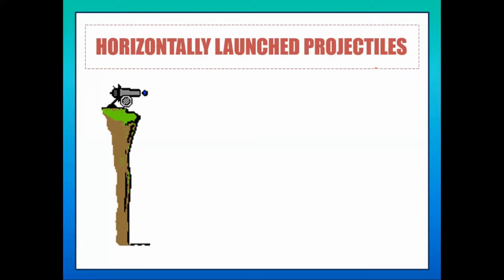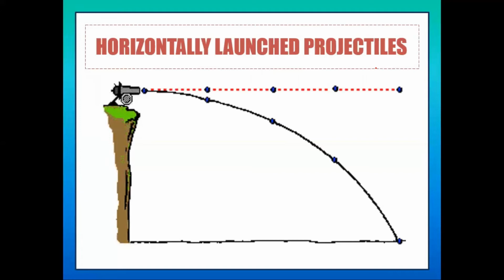The answer to all of those questions is no. Gravity will act downward upon the cannonball to affect its vertical motion. So gravity causes a vertical acceleration.